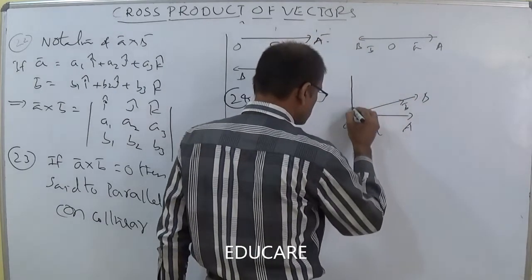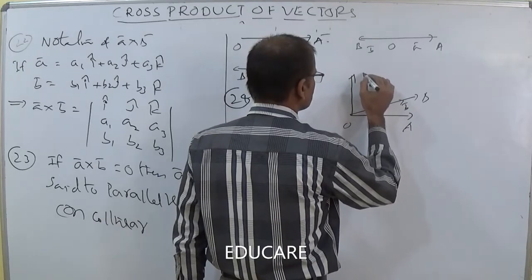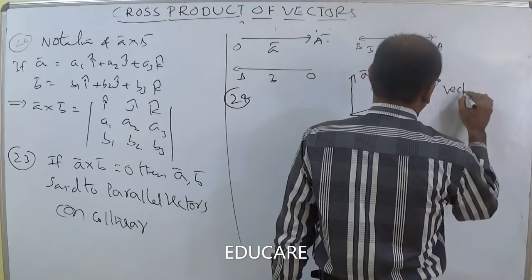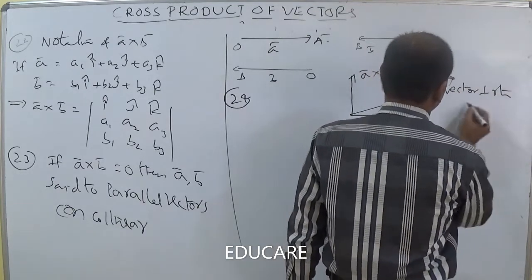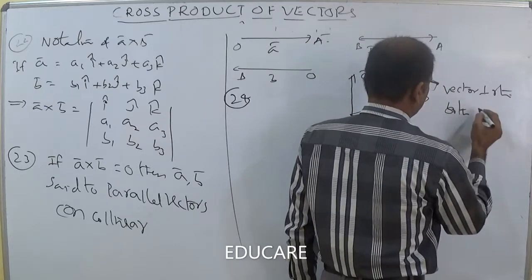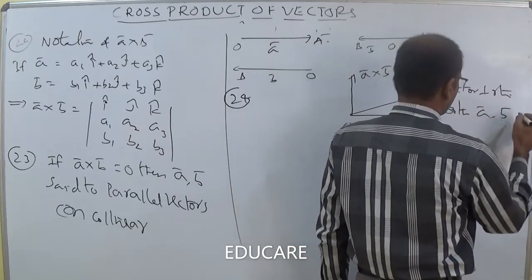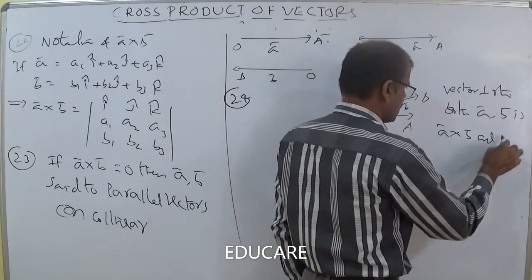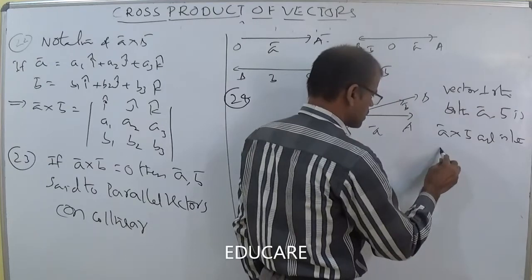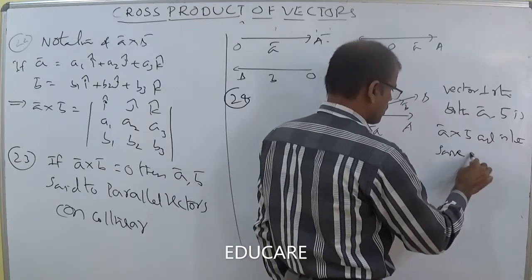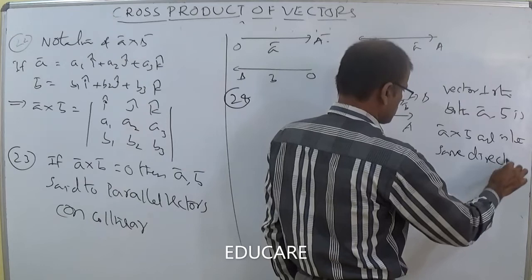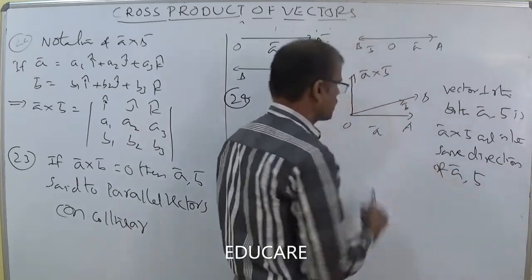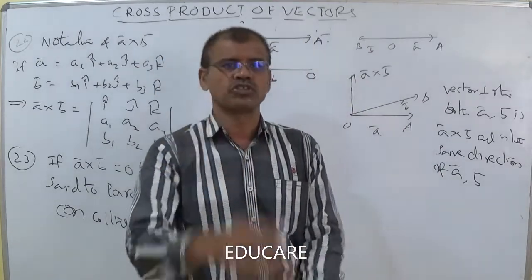The vector which is perpendicular to both A bar and B bar is A bar cross B bar, and it is in the direction of A bar and B bar. The vector A cross B is perpendicular to both A bar and B bar.